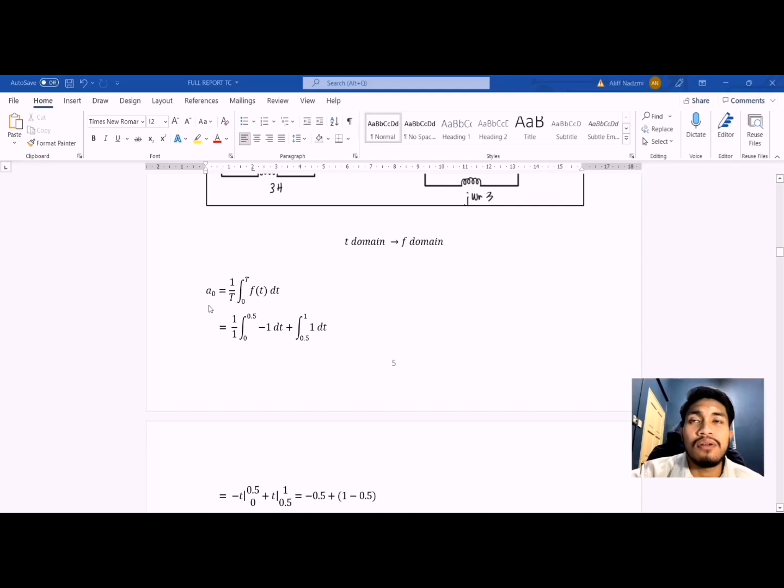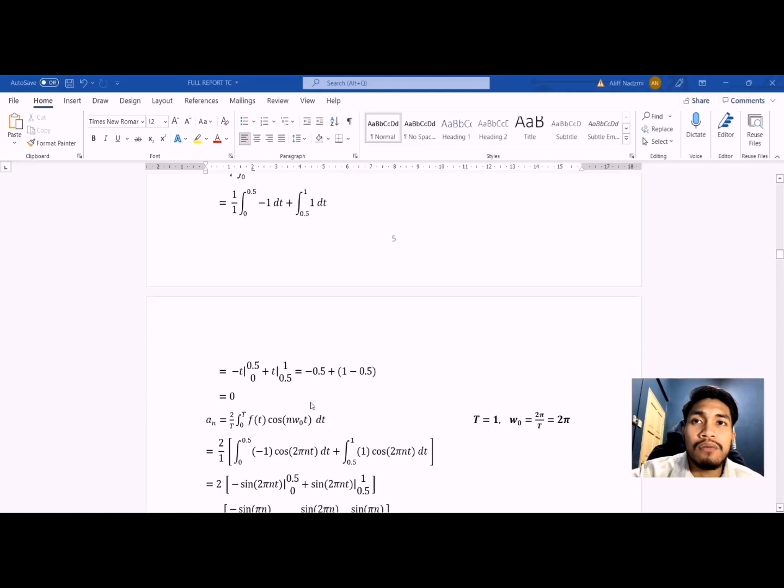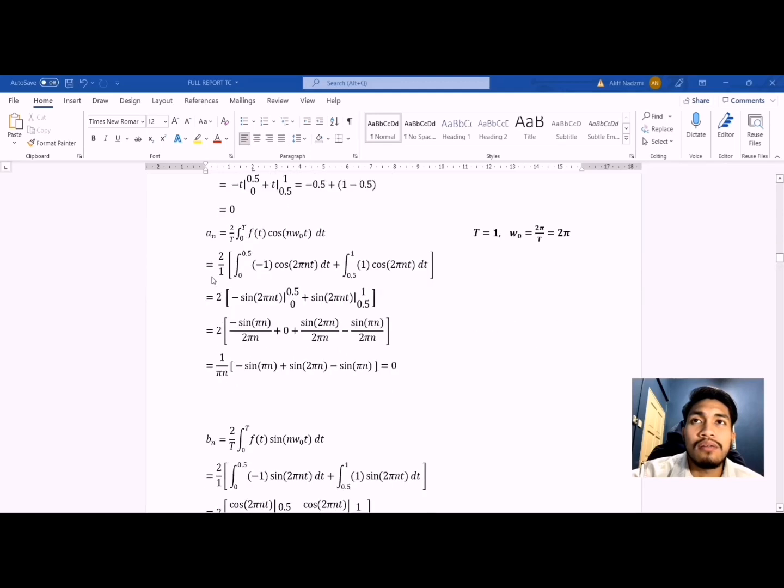Firstly, for the A0, after we have used this formula, 1 over T integral 0 unto T f(t) dt, we have a value of A0 is 0. For the An, since we get the information that T is equal to 1 and omega naught is equal to 2 pi over T, which is 2 pi over 1, it means that omega naught is equal to 2 pi.